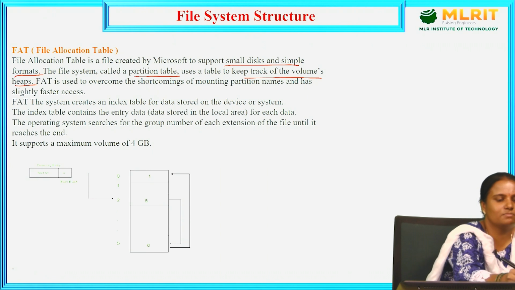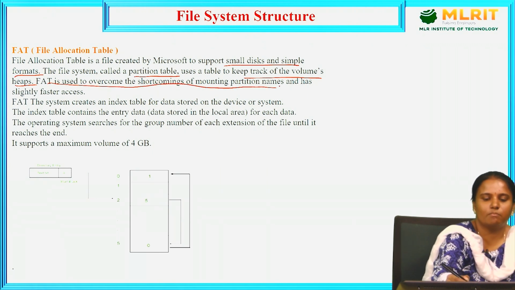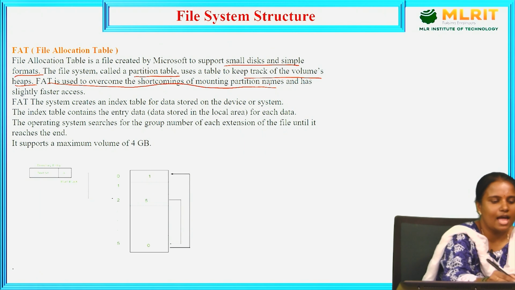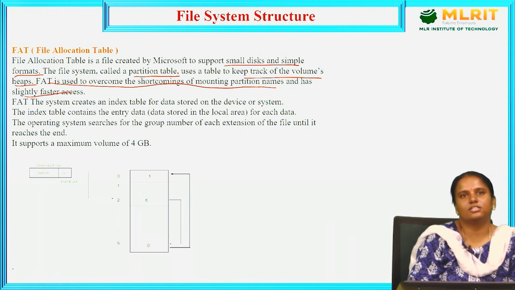FAT is used to overcome the shortcomings of mounting partition names and has slightly faster access. Mounting means attaching the files through some names, and it can have faster access to those files.